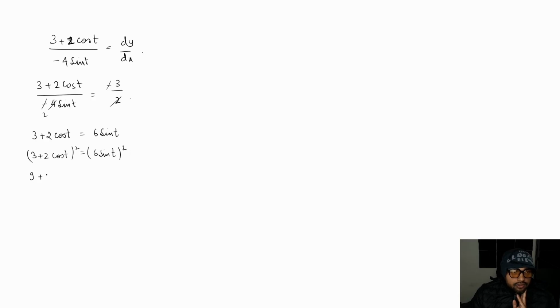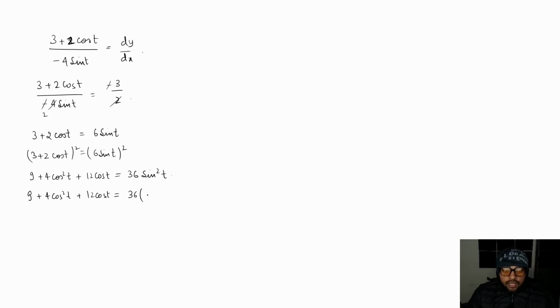So we'll get 9 plus 4 cos square t plus 12 cos t equals 36 sin square t. Okay, this is the simplest form which I'm discussing here. Now we'll apply the identity sin square theta plus cos square theta equals 1.